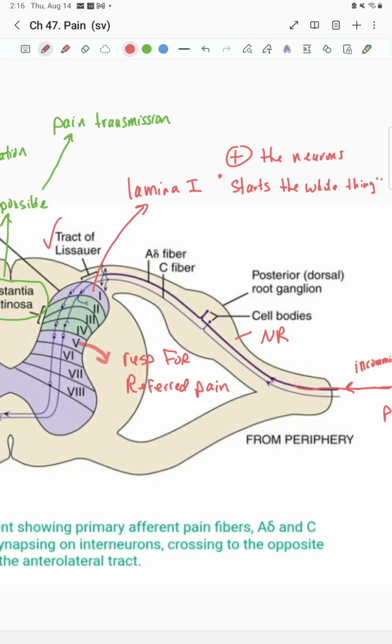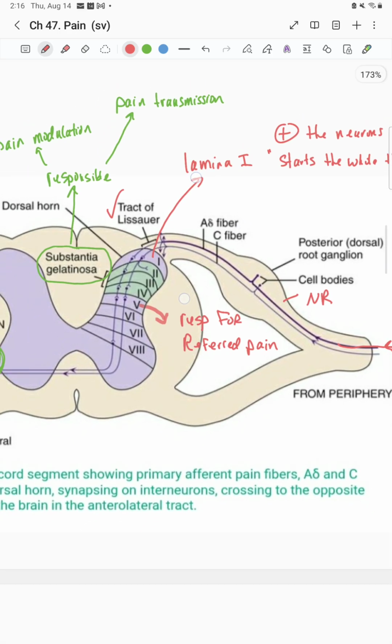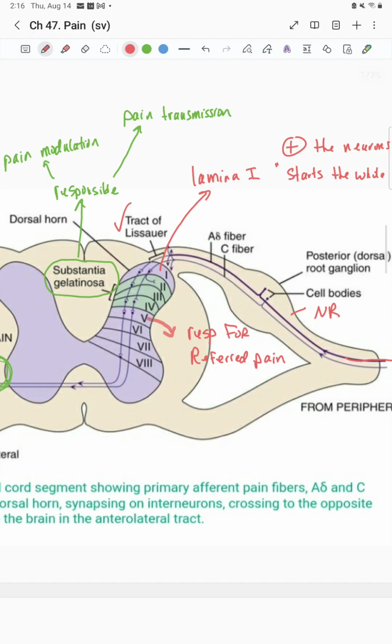Okay, so if your kidney hurts, you might feel it in your groin area. Okay, that would be an example of referred pain. So you can thank lamina 5 for that.